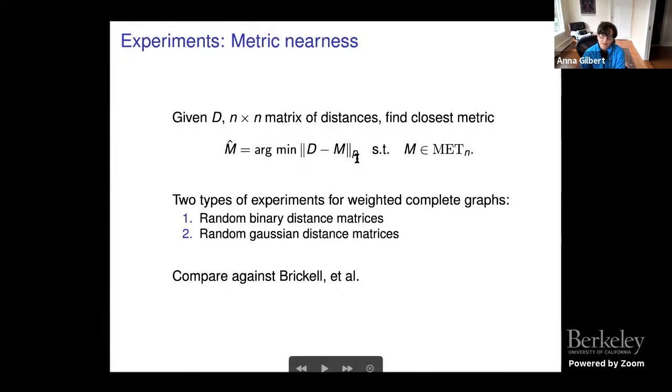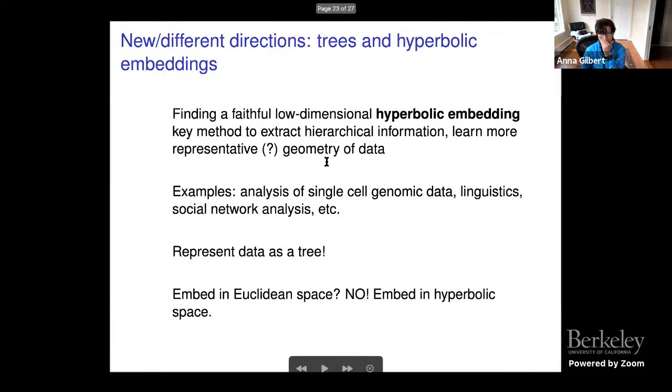The first one is a sparse metric repair version of the metric nearness problem, and that is to replace this P norm with the L0 pseudo norm. So give me the fewest number of changes that you have to make to this matrix of distances in order to find the closest metric. So that was actually the problem that started all of this.